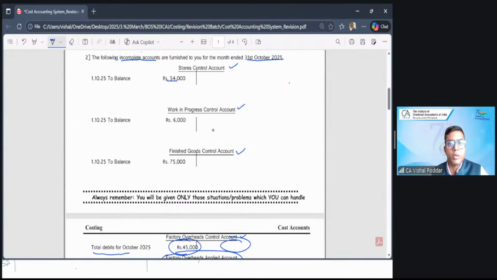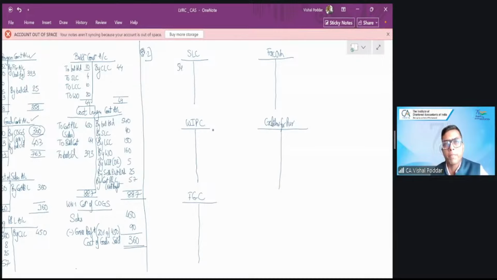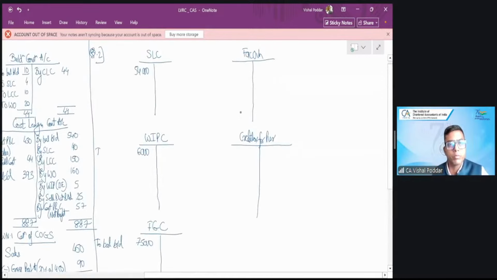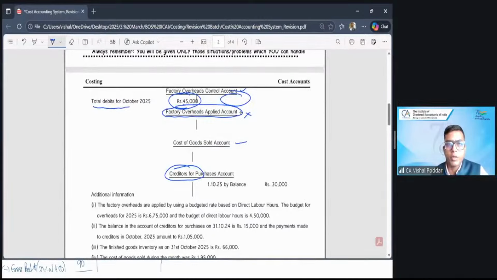So material has 54, WIP has 6, finished goods has 75. So this is balance brought down.